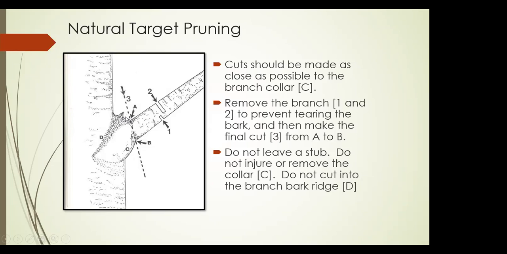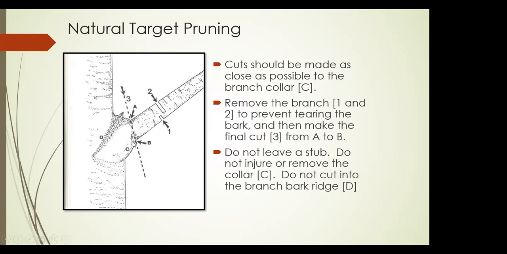Something I learned later in my career is that you go to the outside of the entire ridge, and then you want to go outside the collar. Now, because of the sketch, it looks really good. This is hard to find on mesquites and palo verdes, but it's possible. So you want to go outside the collar, and you make the final cut and remove it. You don't want to leave a stub, but you don't want to cut into the collar.